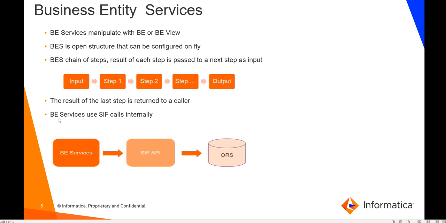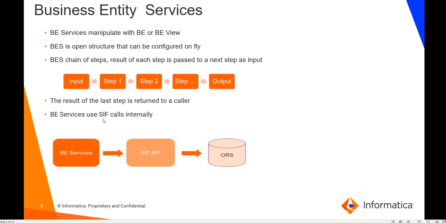Also, if you fire a write or read call, internally it uses the SIF API. That does not mean business entity calls are equivalent to SIF calls. There are a lot of advantages to using business entity services, so we strongly recommend customers to use them.